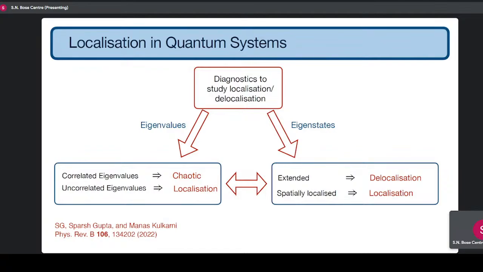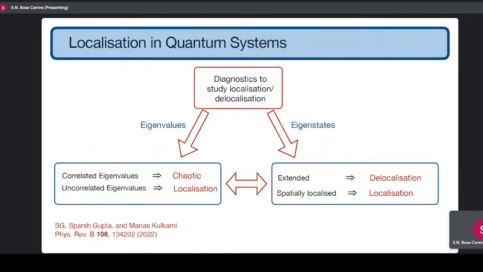There is also another way of identifying these localized states, through the eigenvalues, because spatially localized states, because of the absence of resonance, have arbitrarily random eigenvalues.